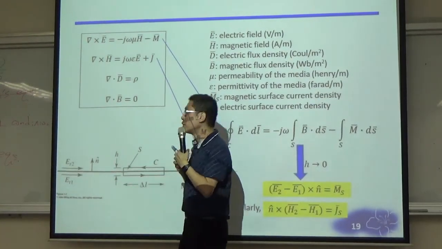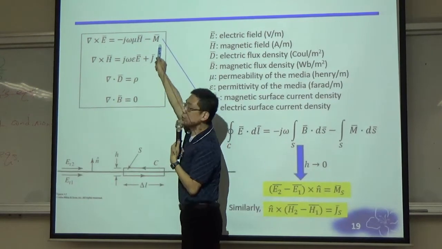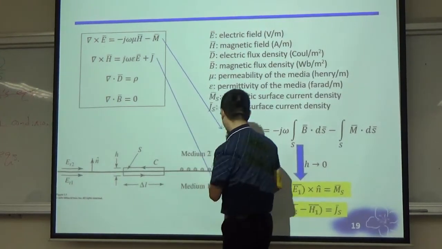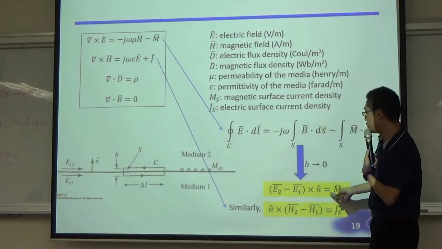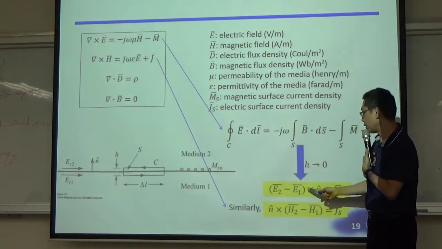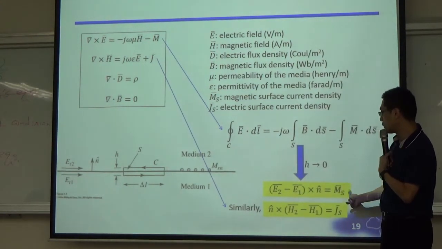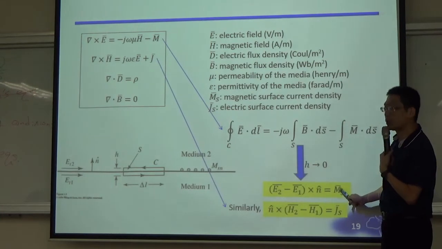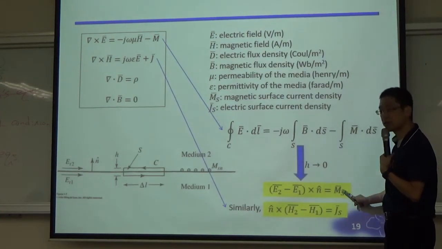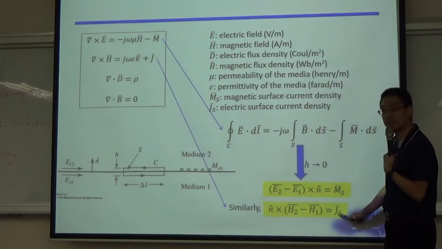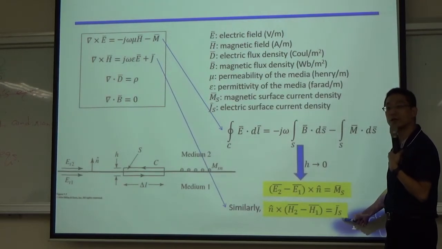Okay, so you apply these 2 equations, you will obtain that the transient direction of the E field will equal the direction, the result of MS. This doesn't exist, right? But this exists. This is J, the current density.